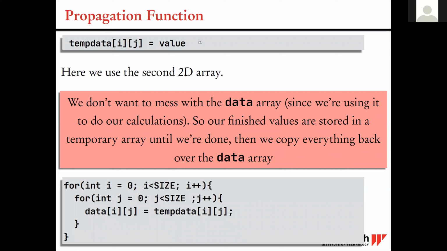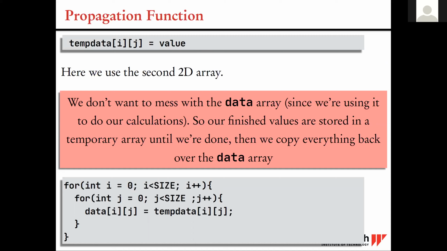The reason why I use this temp data grid is because we need a secondary 2D array. Those of you who have made Game of Life before will have realized why we need to do this, hopefully. We don't want to directly manipulate the data array because we're currently using it to do our calculations. So we need to store the finished value elsewhere.